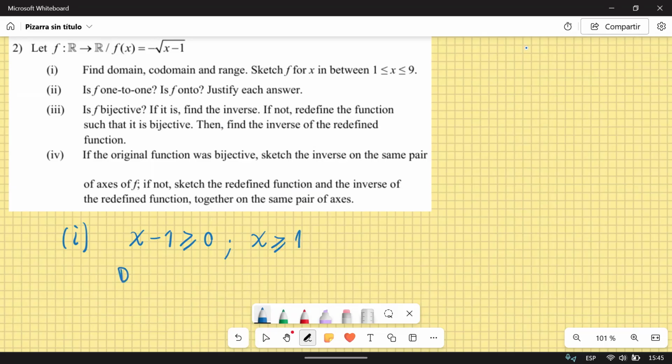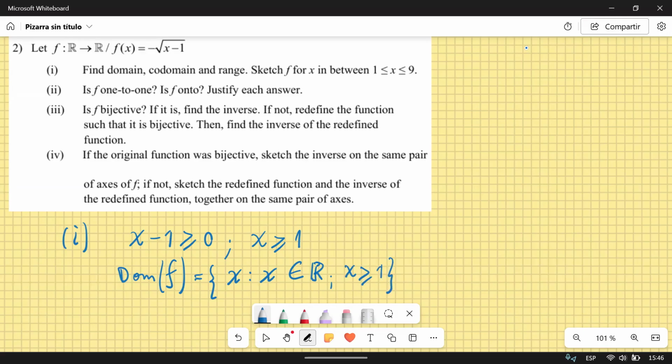So the domain of the function, I will abbreviate dom of f, is made of all x belonging to reals such that x is greater than or equal to 1. So this is the domain of the function.